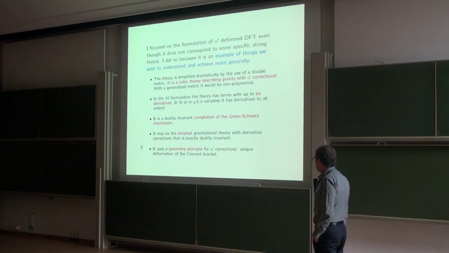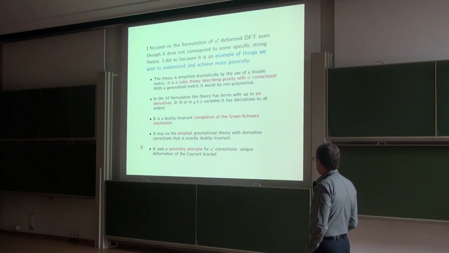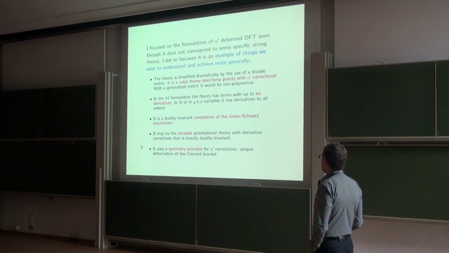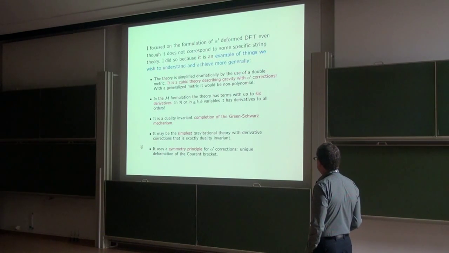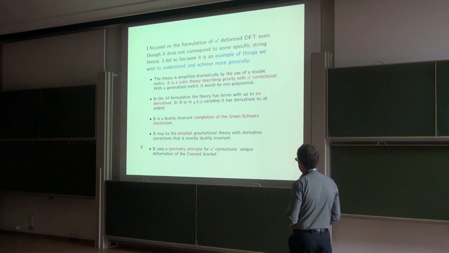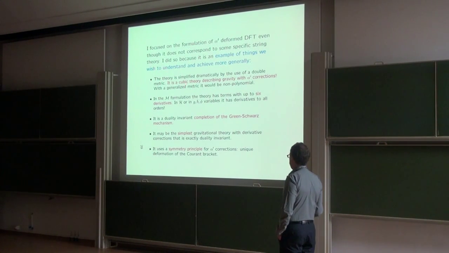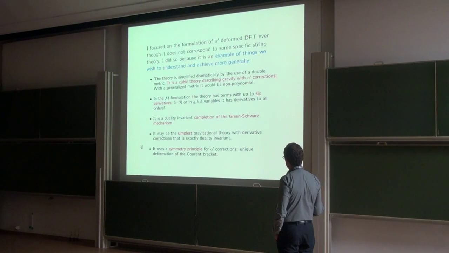So what does it exemplify? Well, the theory we wrote is simplified dramatically by the use of a double metric. So it achieves something with a double metric that you could not achieve apparently with a generalized metric or G, B, and phi. It's a cubic theory that describes gravity with all orders of alpha prime corrections.